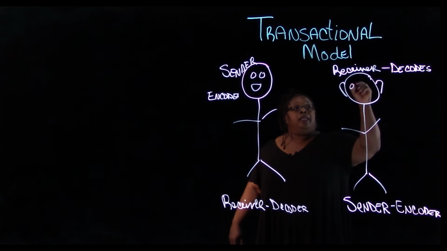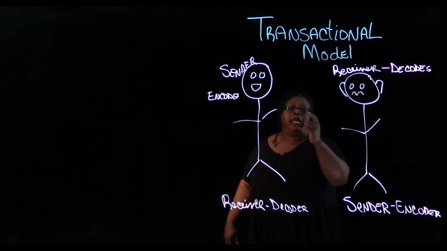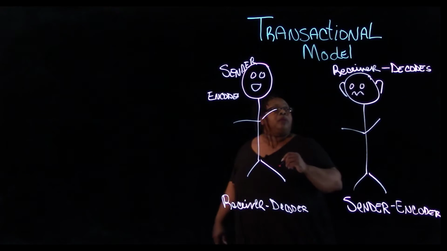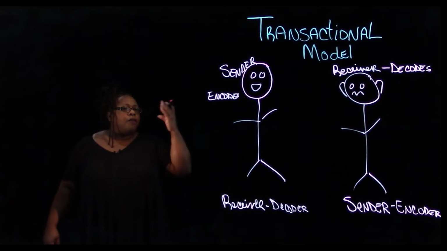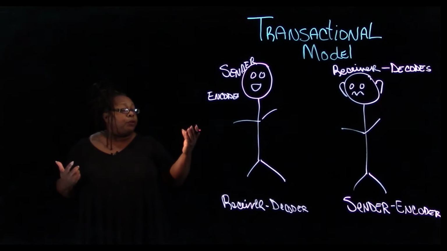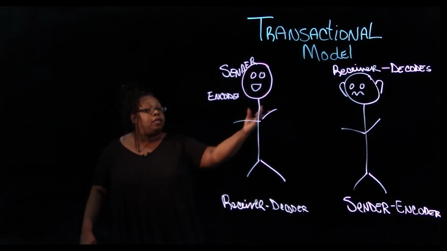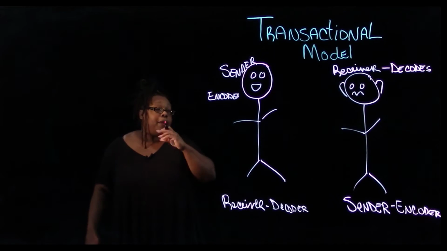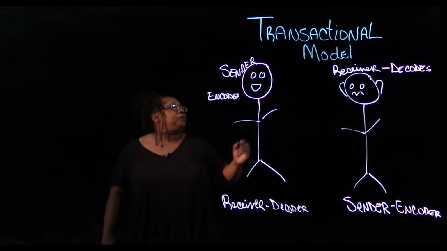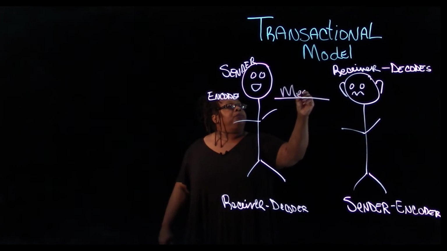So let's say this receiver is listening and doesn't quite understand what the sender is saying. Once the receiver decodes the message and says they're confused, it will show in their face. And so the message that is being received is a nonverbal communicative message. So we want to put right here, message.